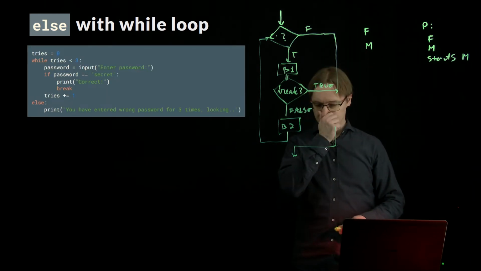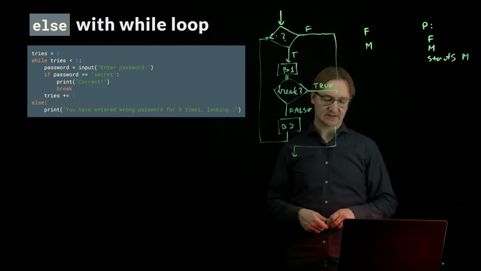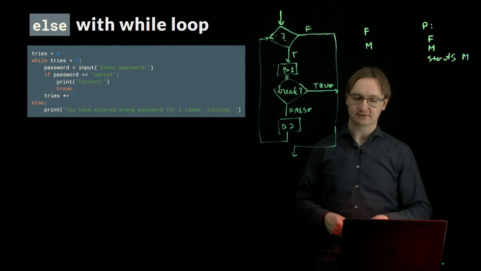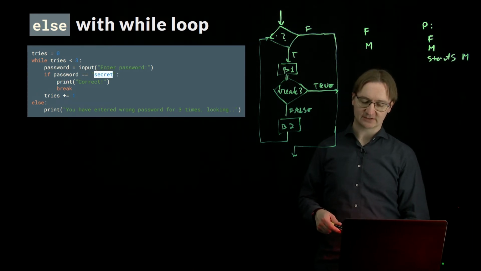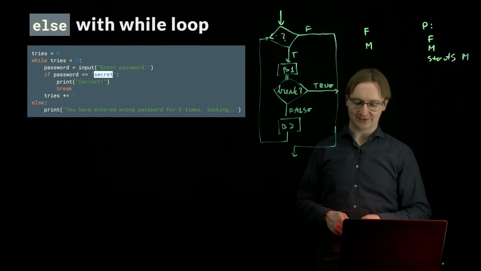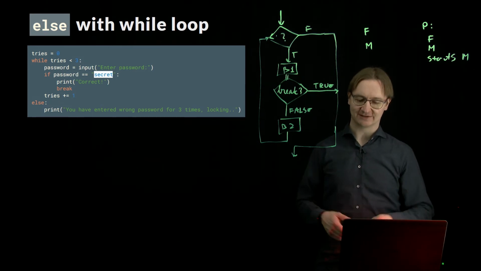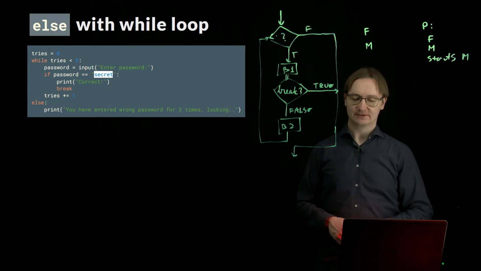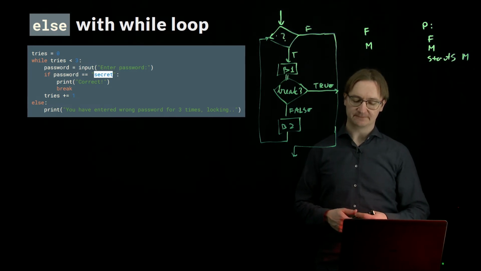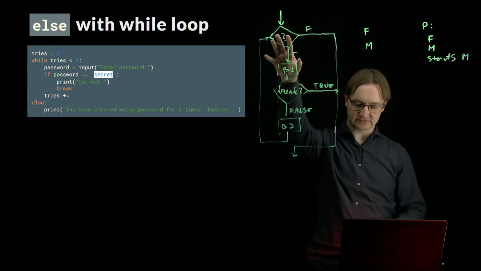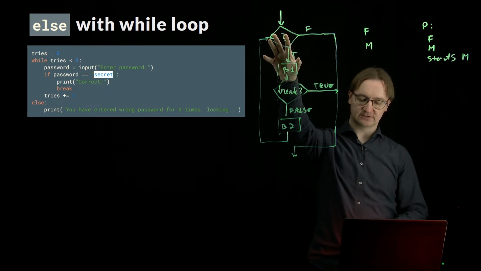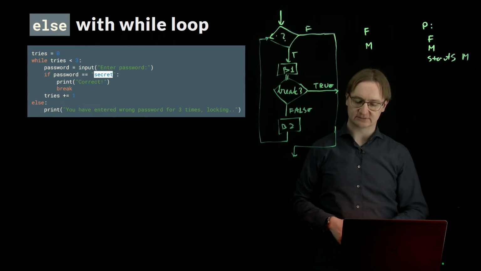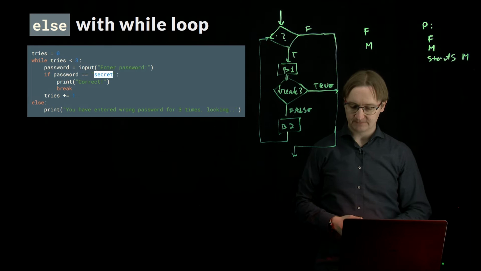Else can also be used with a while loop. So here we have an example where the user tries to enter a password. Currently the correct password is secret. This is not the way to actually do password checking. You cannot have plain text passwords and so on. But basically our condition is whether the number of tries, the number of times the user has tried to enter the password, is smaller than 3.